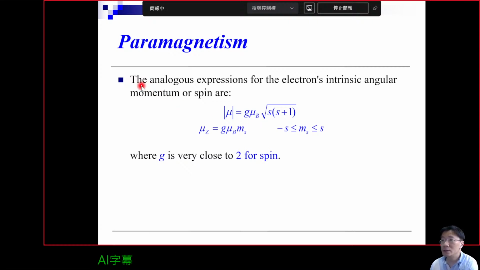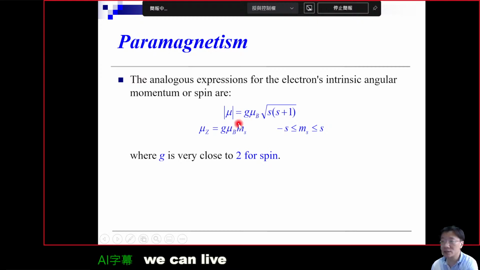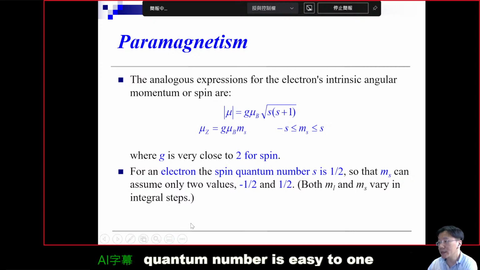So for the electron intrinsic angular momentum or spin, we can write a similar form like this. I don't want to repeat that again, but here we need to use the g factor equal to 2. Shown here, the spin quantum number s is equal to 1/2.